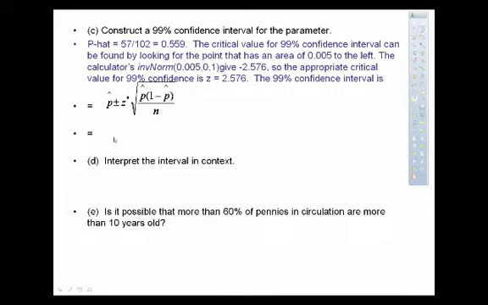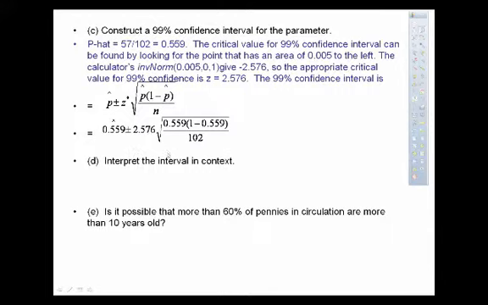Now the 99% confidence interval, remember how we find that: p hat plus or minus z star times the square root of p hat times 1 minus p hat divided by n. So put those all in, and when we work this problem out, we end up with 0.559 plus or minus, this right here, when we work it out, gives us 0.127.